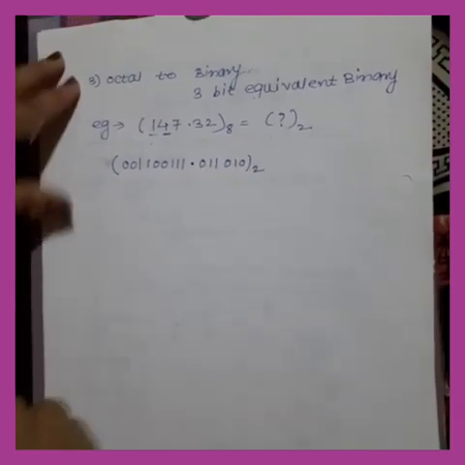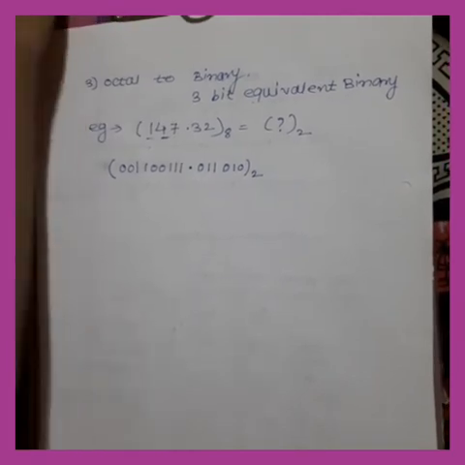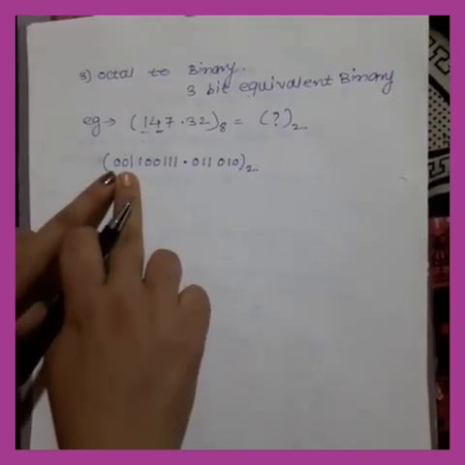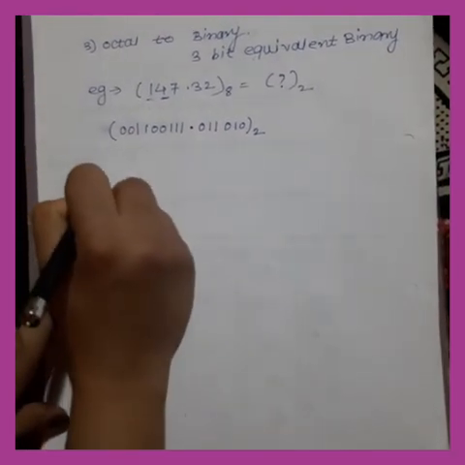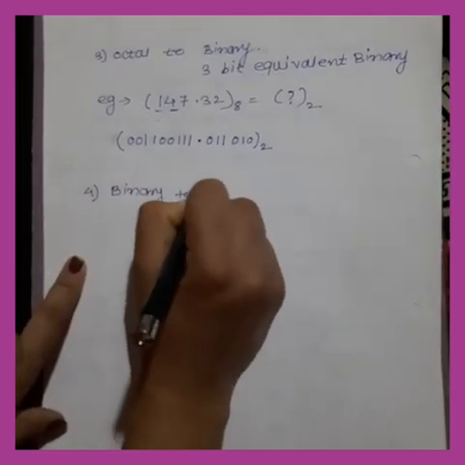So this is your equivalent binary number. Simply replace each octal digit by its 3-bit binary equivalent.